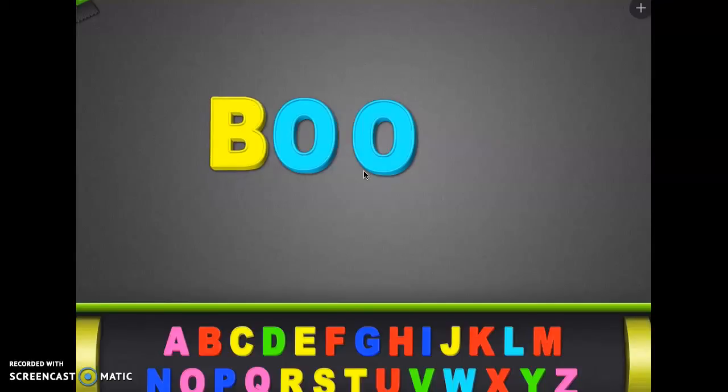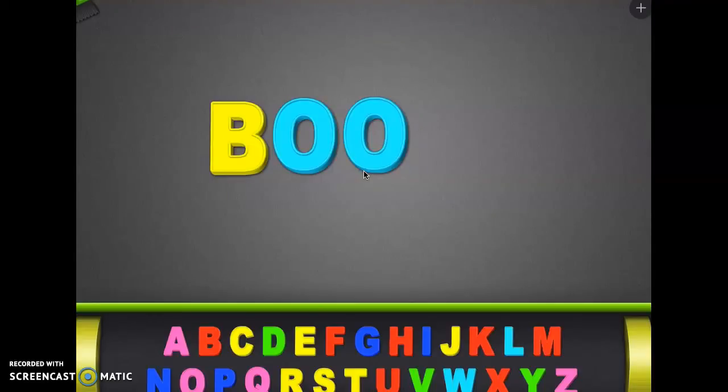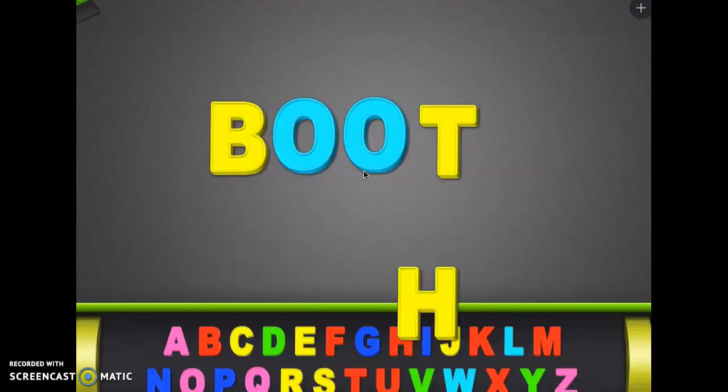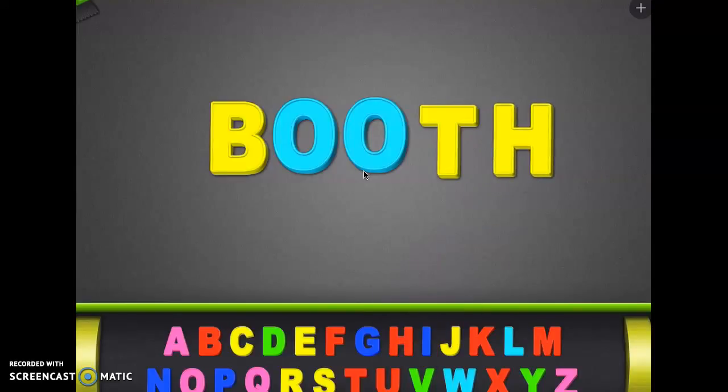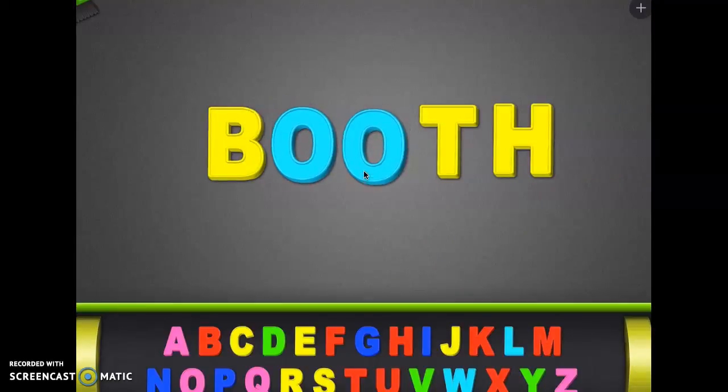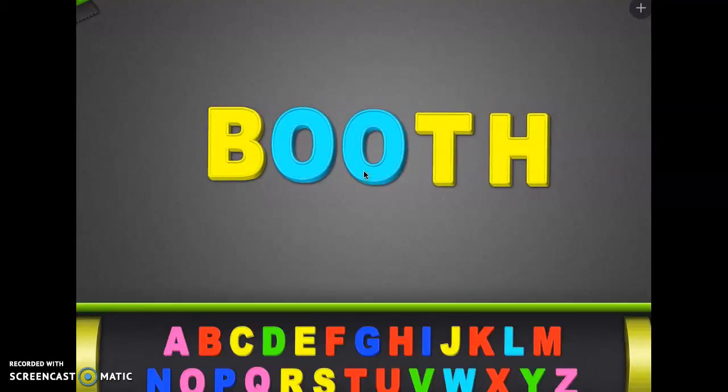Oh, that's right. That's how you spell boo. Booth. Oh, do you remember that blend? Think of your thumb. That blend is made by T-H. Booth. B-O-O-T-H spells booth.